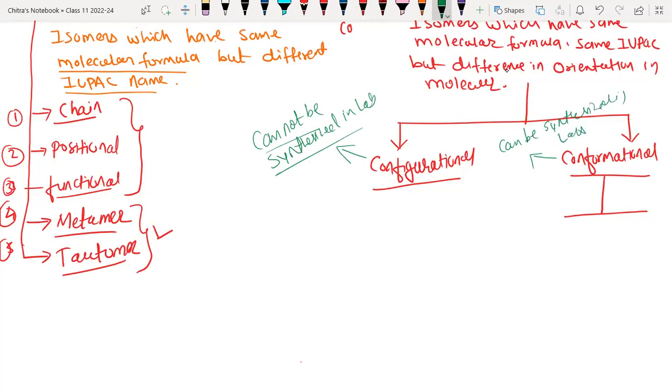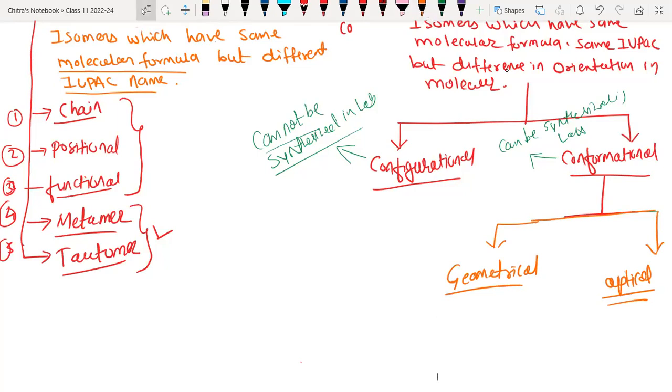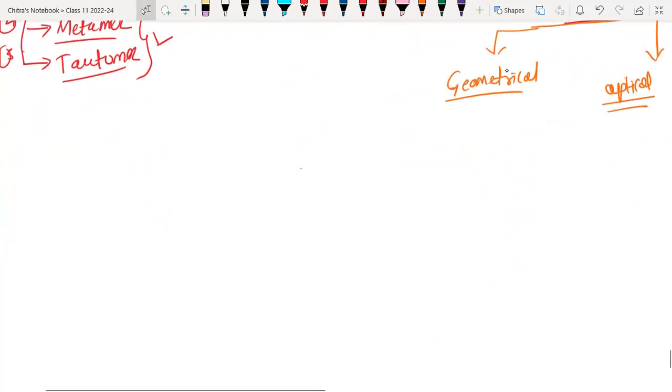On that basis, we have different orientations in them. Here there are 2 types. One is called geometrical isomers, and next we have optical isomers. First we will cover what optical isomers are. Any idea about optical isomers?